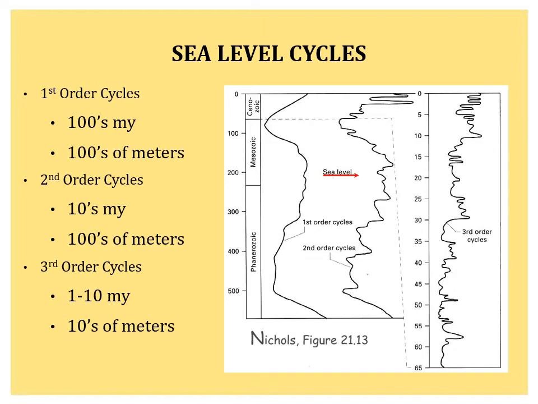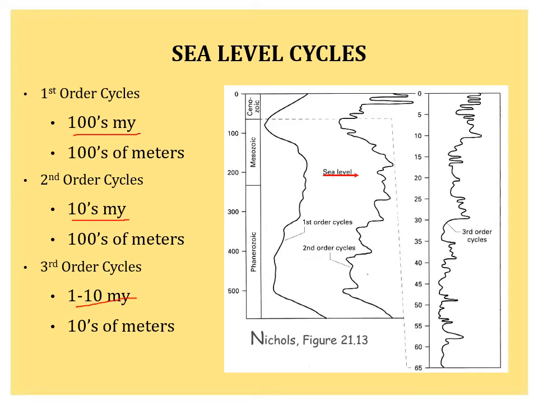That means the time range is much larger, almost hundreds of millions of years. The second order cycle is much finer. Here the time span for depicting the sea level changes is tens of millions of years, and successively finer recording of sea level changes is 1 to 10 million years. That is the third order cycle.